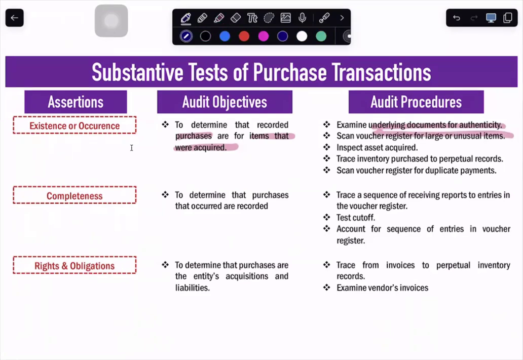If you are looking into large or unusual items, this is more about targeted testing. So what's the difference between targeted testing and sample or directional testing? Whenever you are testing based on a sample, it must be common within the population. Now, if an item is an outlier, we remove it out of the population and we target it.